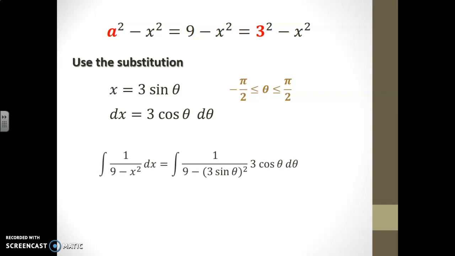Applying this substitution to our integral looks as if we are complicating it at first. However, remember that trig identities most likely will simplify some of the expressions. Squaring 3 sine theta generates a common 9 that can be factored from the denominator.